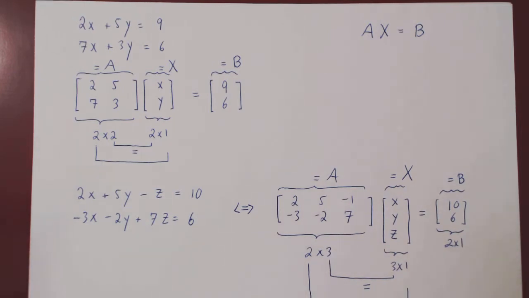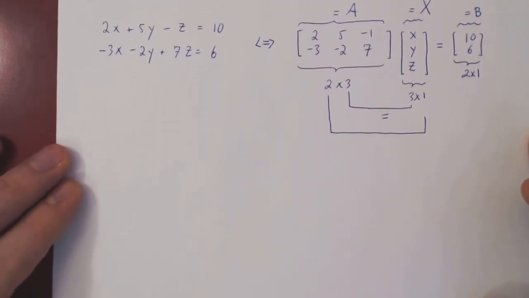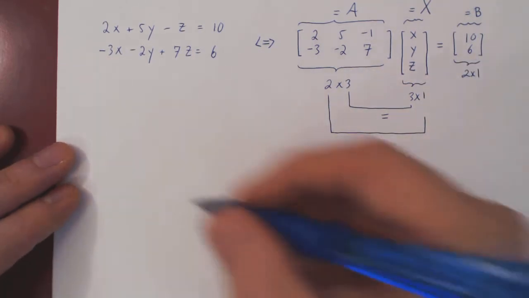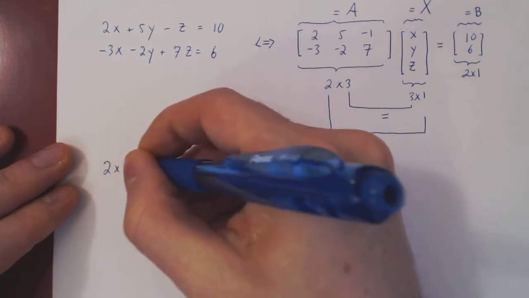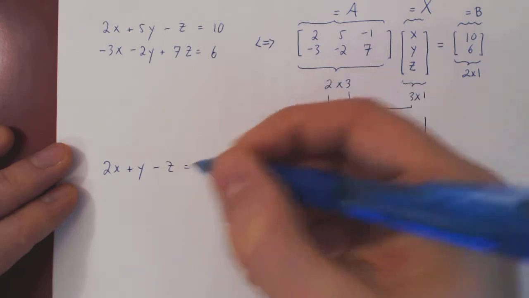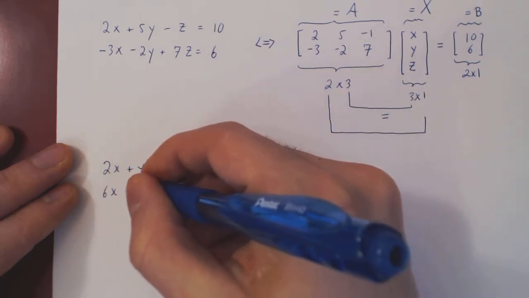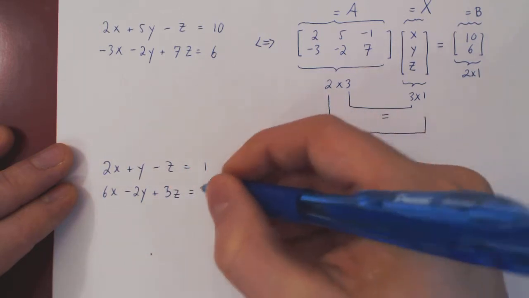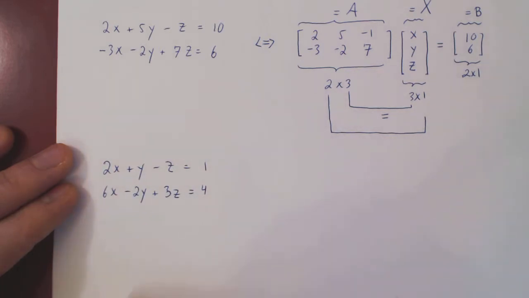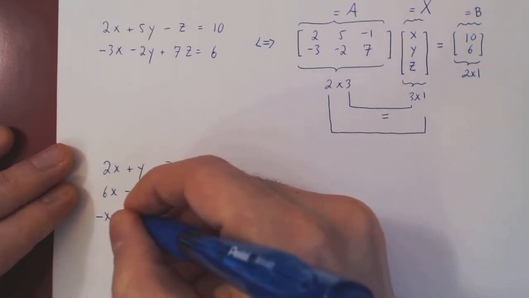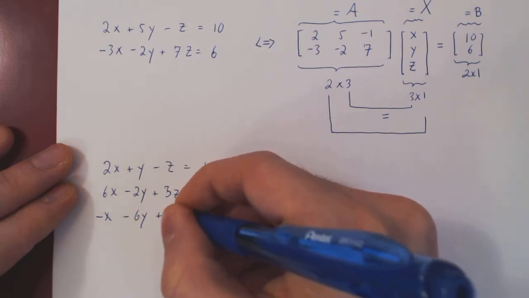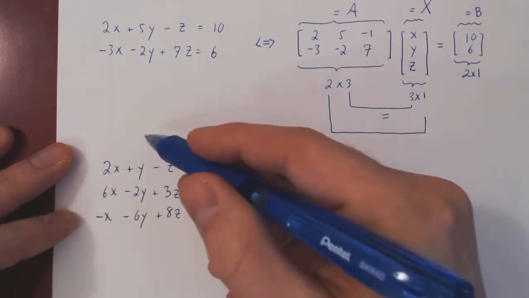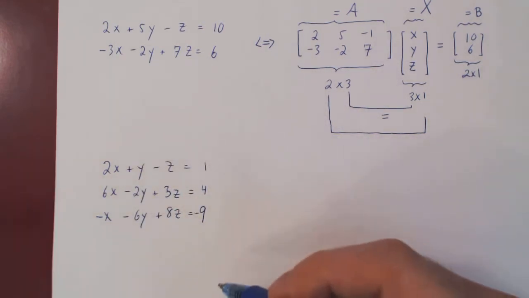So now let's do one last example very quickly. And then we will not check, we'll just do it. Suppose we have 3 equations, 3 variables. Okay, so we have our linear system now, 3 equations and 3 variables.